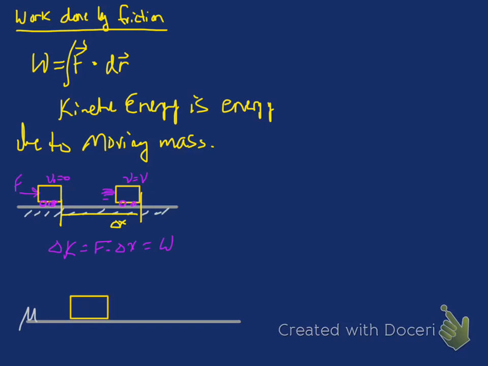And we're going to give it an initial velocity equal to v. Okay, and so it's pretty significant. And then we push it, but we let it slide. We let it slide to a stop.